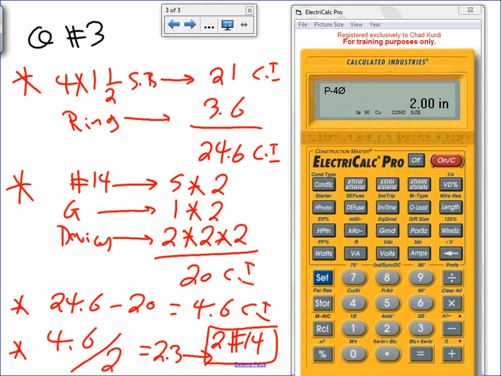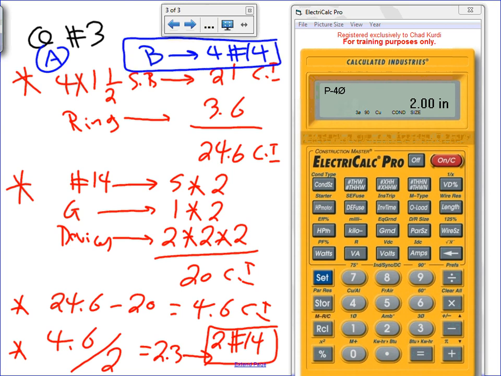Number 14 conductor pull through. I changed a few things. Instead of 5 conductors, I put 3 conductors number 14. This is for A. If you did a B, your answer should be the same calculation, guys, same calculation.